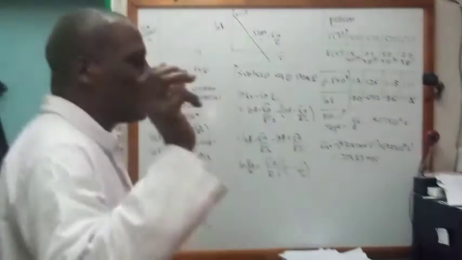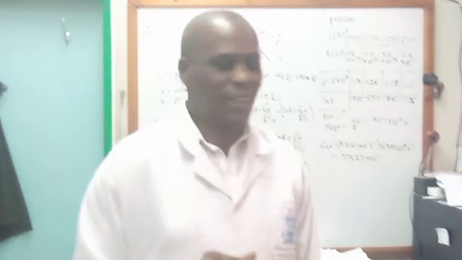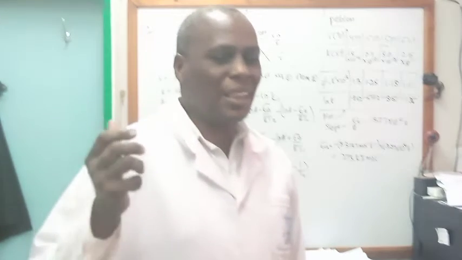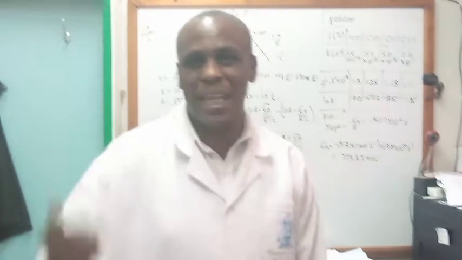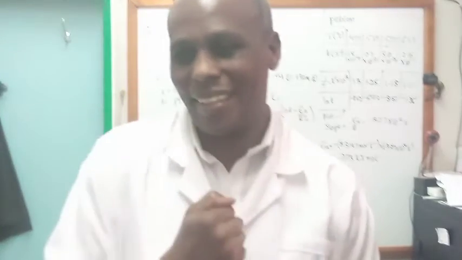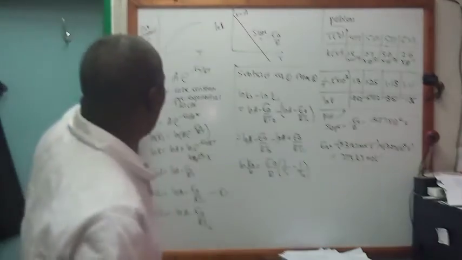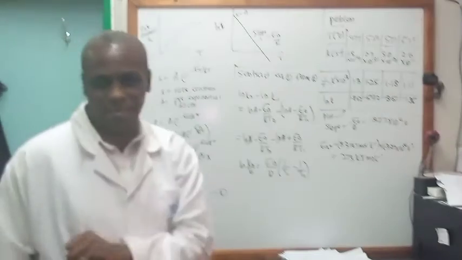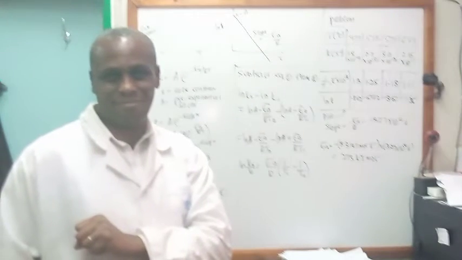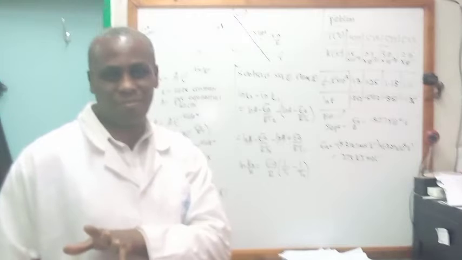And then there is the capital K, which implies the equilibrium constant, capital K. Please note this. We are not talking about the equilibrium constant, capital K. Are we noting this?